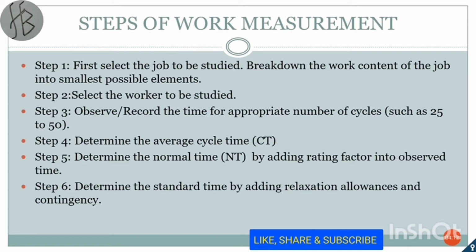Now calculate the average cycle time. Then add the rating factor to the average cycle time to calculate normal time, and then determine the standard time by adding relaxation allowances and contingencies to the normal time. So these are the steps to do the work measurement of any job which is to be studied.